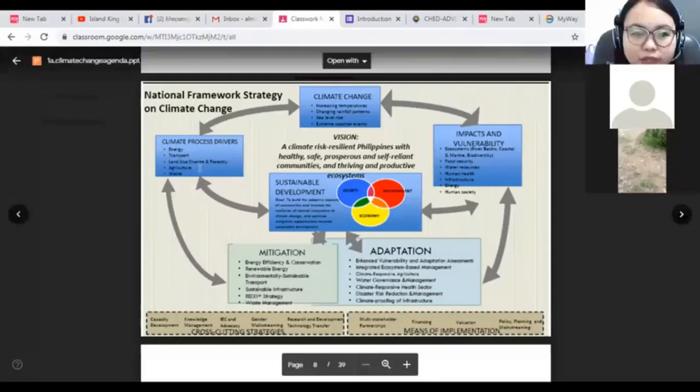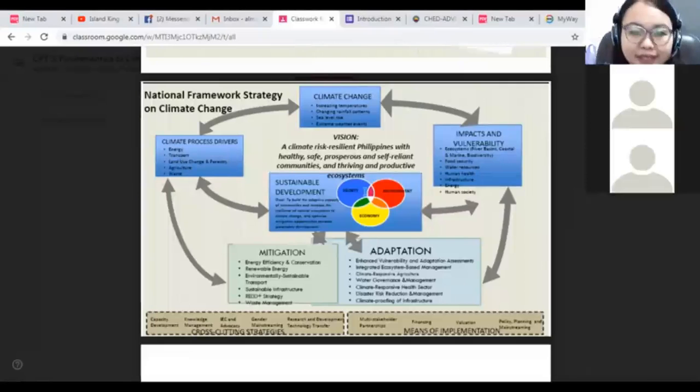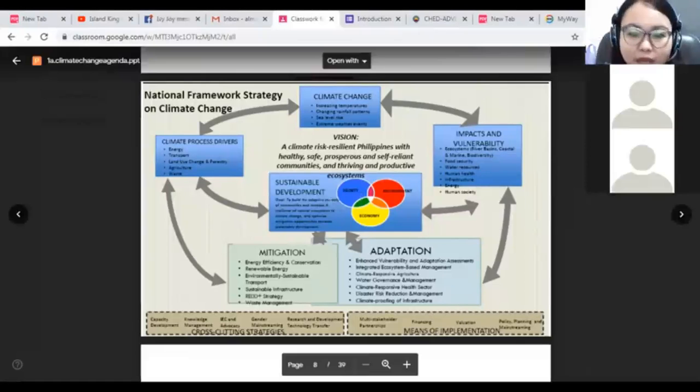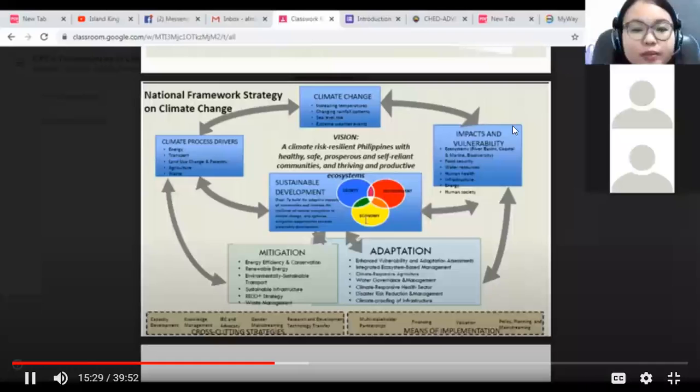With these process drivers, the energy, transport, land use change and forestry, agriculture and waste, we can come up with sustainable development in the ecosystem with a goal to build the adaptive capacity of communities and increase the resilience of natural ecosystems to climatic change and optimize mitigation opportunities towards sustainable development in the society, economy, and environment as a whole.